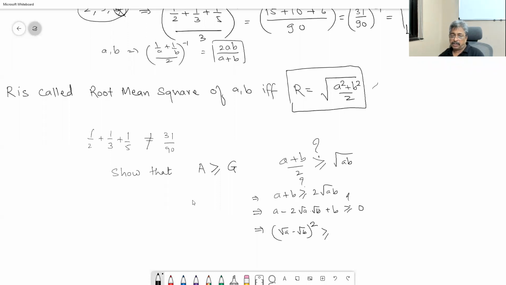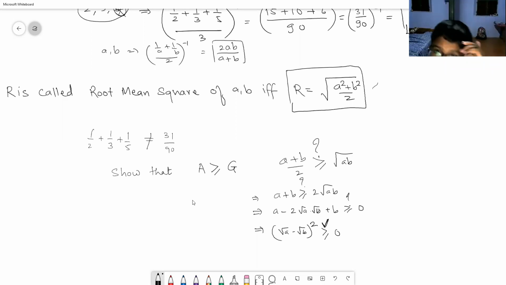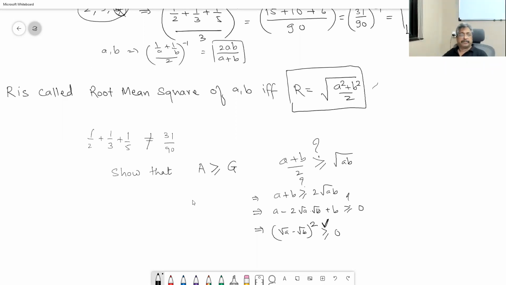Is it greater than or equal to 0? Oh, no question mark. It is always greater than or equal to 0. The square of a real number is always greater than or equal to 0. This is the fundamental thing on which the entire inequality depends. Hence, AM is always greater than or equal to GM.